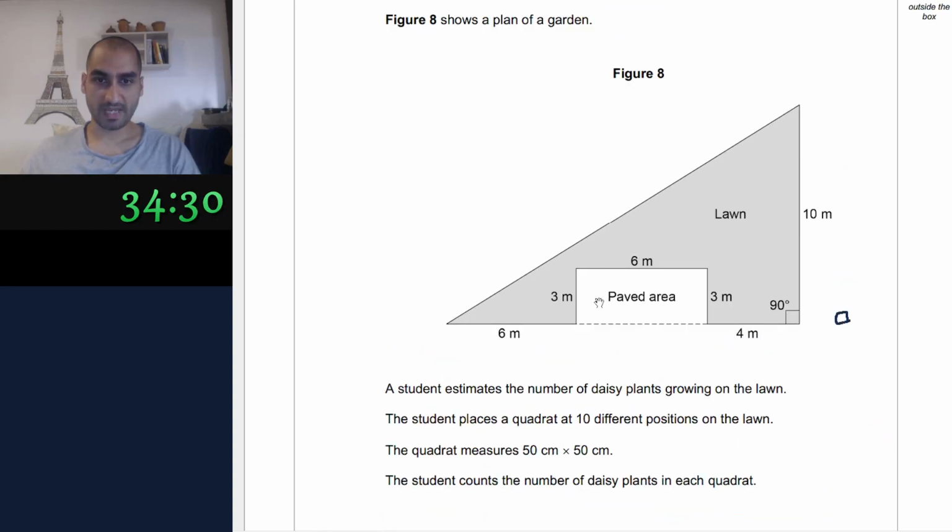I reckon near the paved area or near the edges of the lawn, there's not going to be many daisies because it's not much growth there, not much lawn.